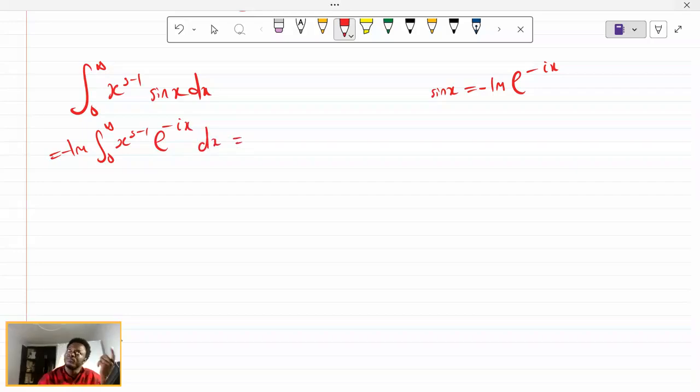Let's just forget about the signs. Then you are going to relate it to the gamma function, where this is equal to gamma of s all divided by i to the s power. Then you are going to find the imaginary part of this expression and you should be fine.